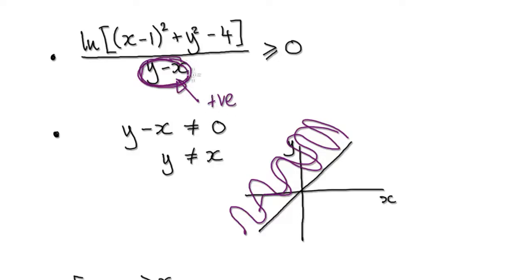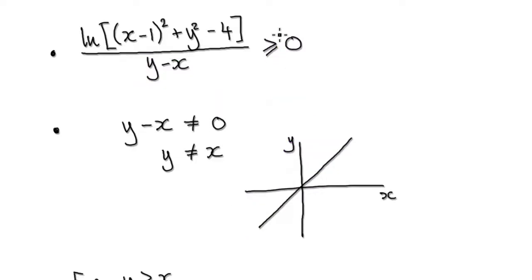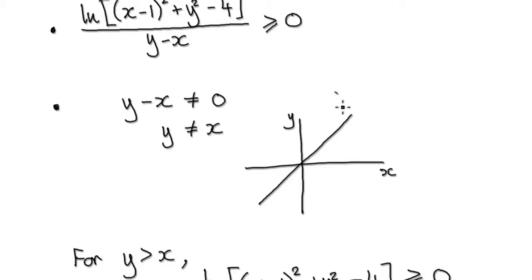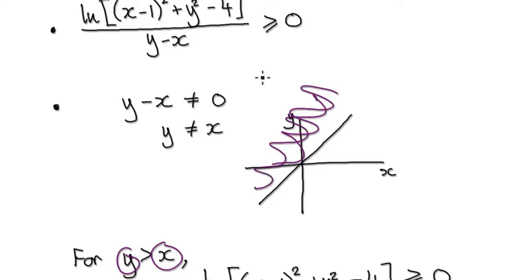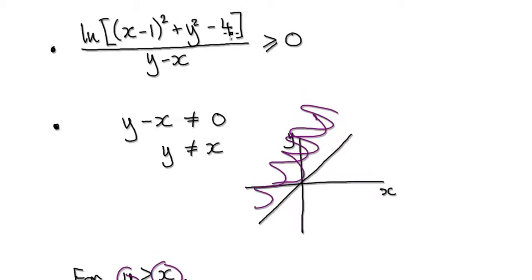Well, if this thing is always positive, when you multiply both sides by this thing here, the inequality will stay the same. So hang on, let's start again here. So let's consider this region here. So for y bigger than x, we know that this thing will always be positive. So multiply both sides by this thing here.